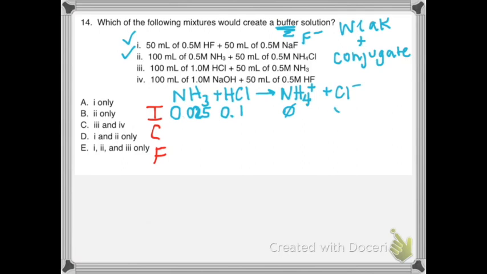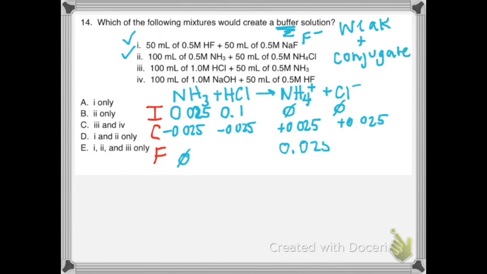We'd start with none of these. And then we have to think about the limiting reagent. And in this case it will be the ammonia. So we'll use all of that up. Have minus 0.025, minus 0.025, plus 0.025. Leaving us with 0.025 of both of those.